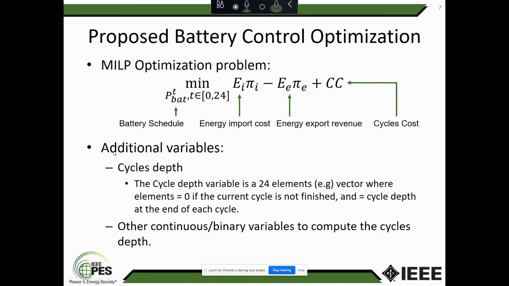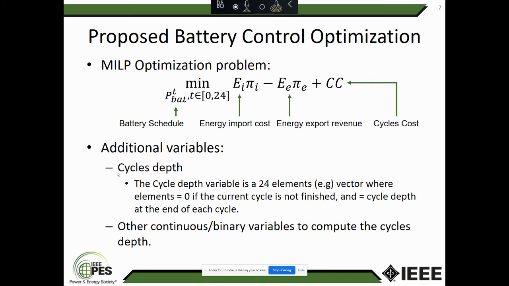In terms of variables, we had to add some variables, and especially we add a cycle depth variable, which is a 24 element vector if we have 24 time steps. And in each element, we have the depth of the charge or discharge of the battery operation. So if we didn't finish a cycle, the element of this variable will be zero.